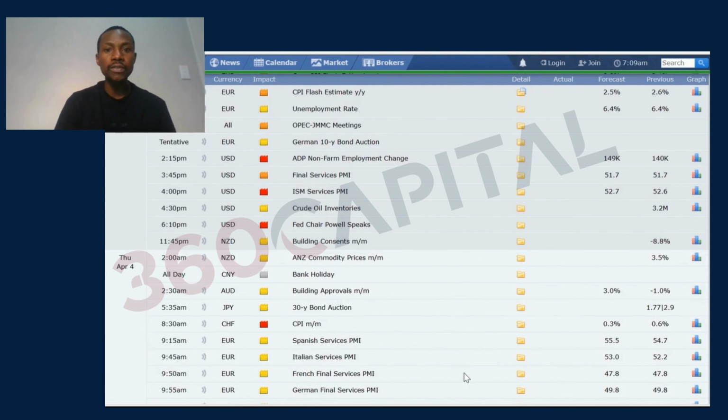Later on Wednesday we have the ADP non-farm employment change, 215, from the US, as well as ISM services PMI from the US, and Federal Reserve Chair Powell is speaking as well, at 10 past 6 p.m. ISM services PMI is at 4 p.m., as is the ADP non-farm employment change.